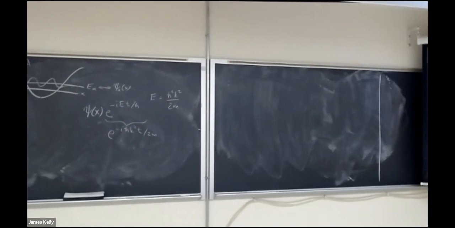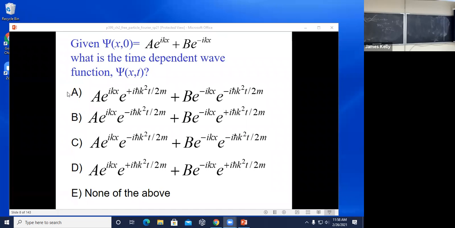So let's go back and look at this and check out C. You'll see, importantly, both of these linearly independent solutions correspond to the same energy, right? We said both the e to the ikx and the e to the minus ikx, those two linearly independent solutions, correspond to a single energy, right?